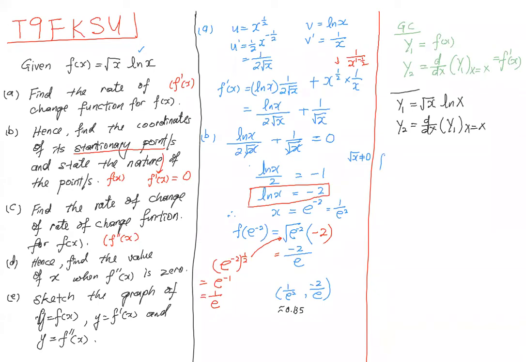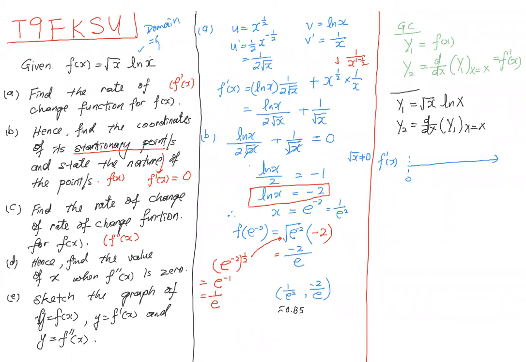So f prime x. Because it's a square root and because it's a ln, your x must be greater than 0 because of ln. This is called your domain. People will not tell you, when you draw the sign diagram, you have to take care of the domain because of ln.